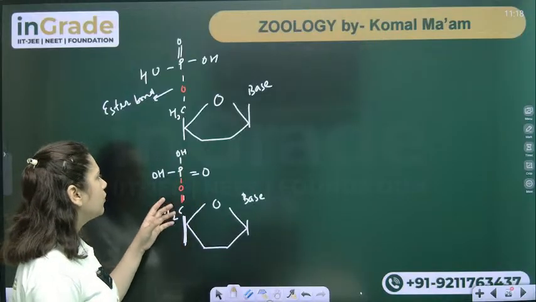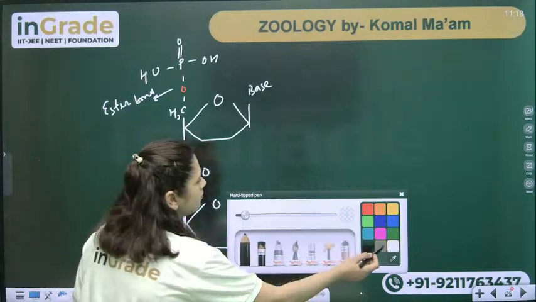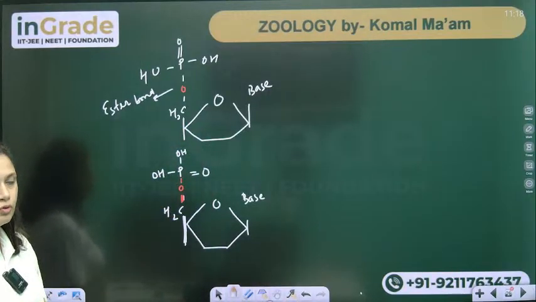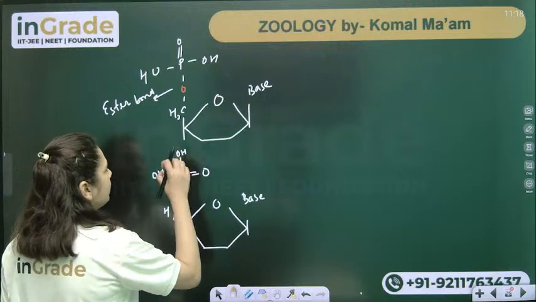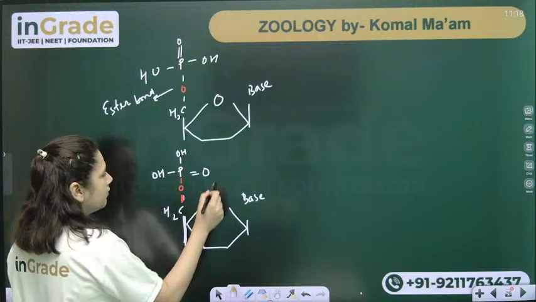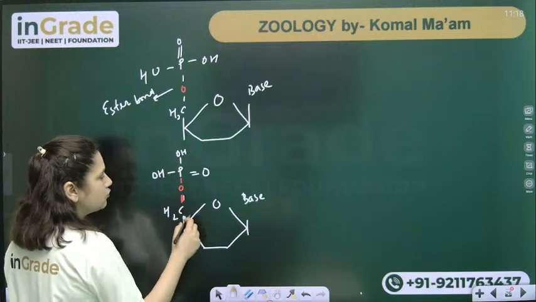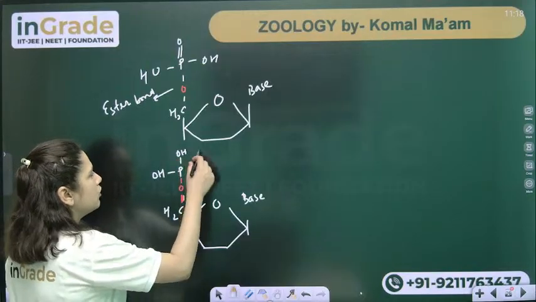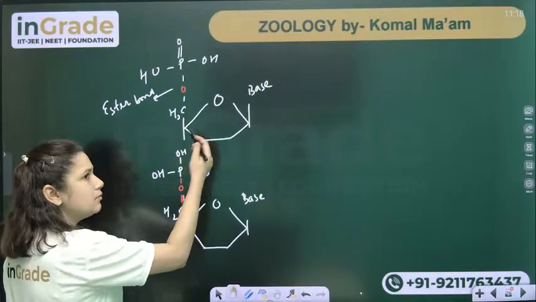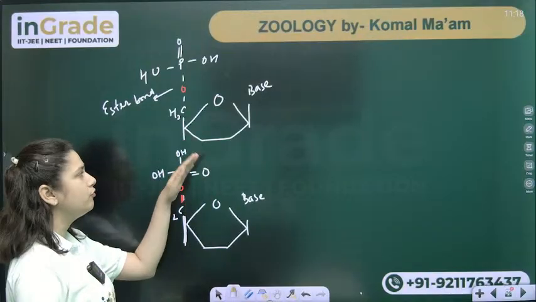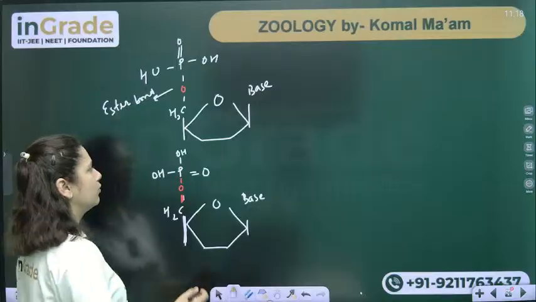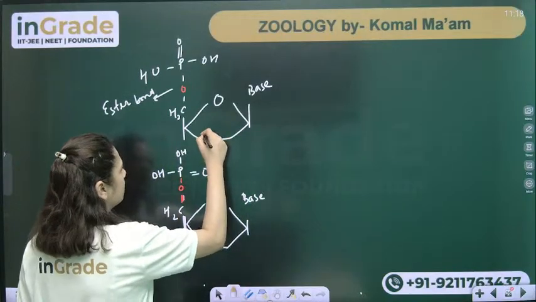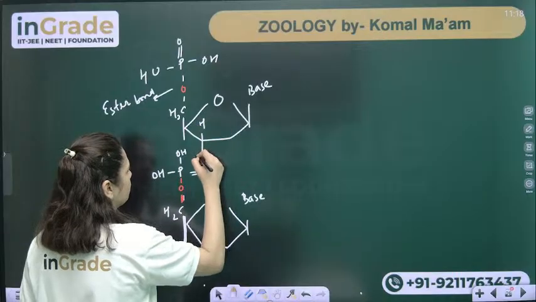Okay, if I talk about the other bonding that will join these two nucleotides, how will it get attached? This particular phosphate group, which is attached with the fifth carbon of the second sugar, will also form an ester bond with the third carbon of the previous sugar. For example, we have nucleotide number 1 here and we have HOH here.